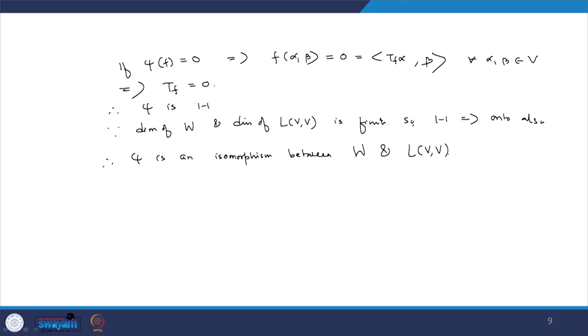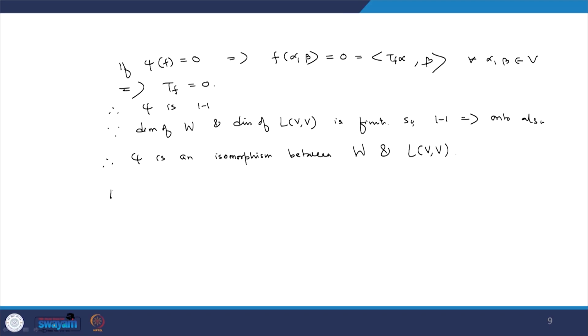So, we see that for each form on a finite dimensional inner product space, there exists a unique linear operator T such that f of alpha, beta equals inner product of T alpha and beta.